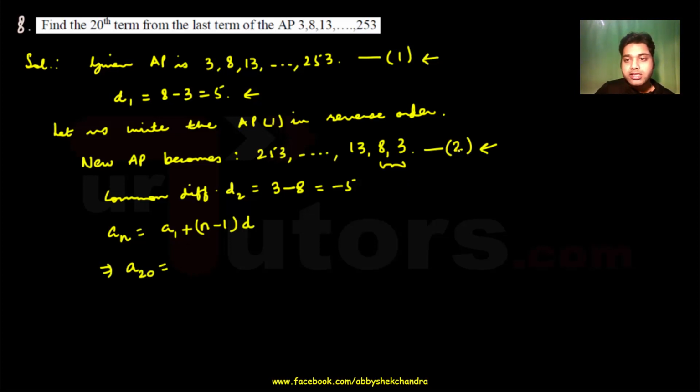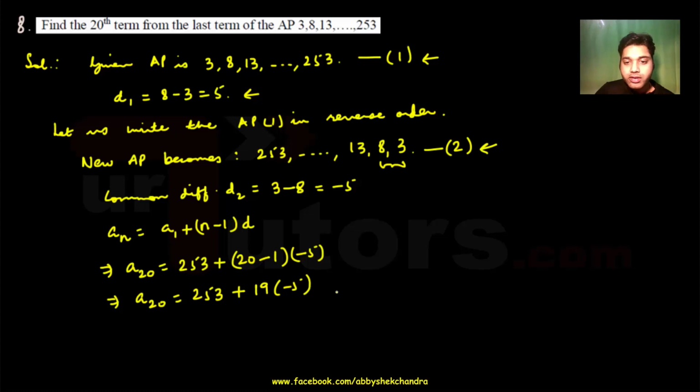We are considering AP2, so the first term is 53 plus N minus 1 into D. N will be equal to 20, because we are finding the 20th term, and D is -5. So A20 will be equal to 53 plus 19 into -5, equal to 53 minus 95. That will be equal to 53 minus 100 is -47, but we just have to subtract 95, so we'll add 5. -42 is the answer.